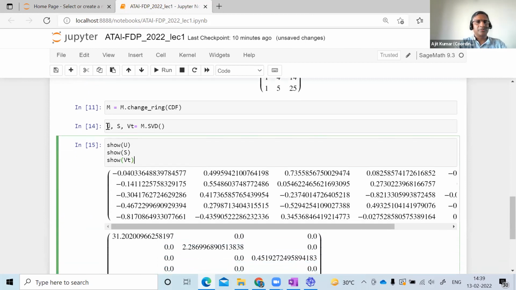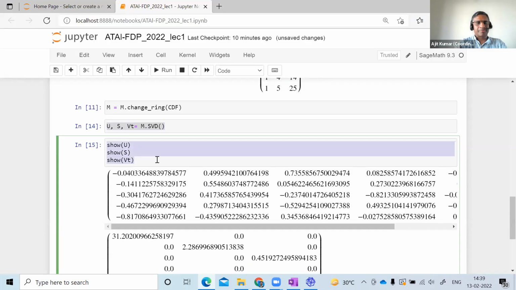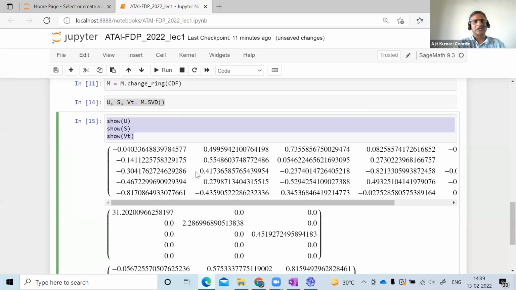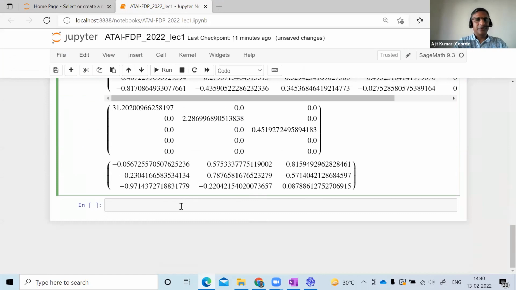So let me copy paste this in. We have got this singular value decomposition, and you see it doesn't take much time. Of course, if you have a large matrix, it will take a little more time, but it will still do.